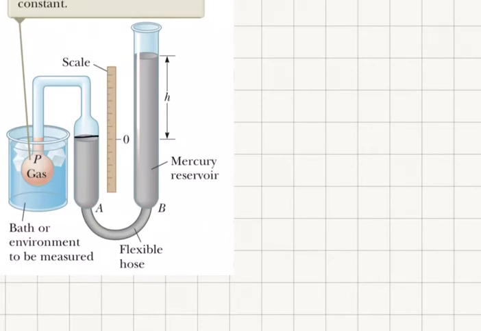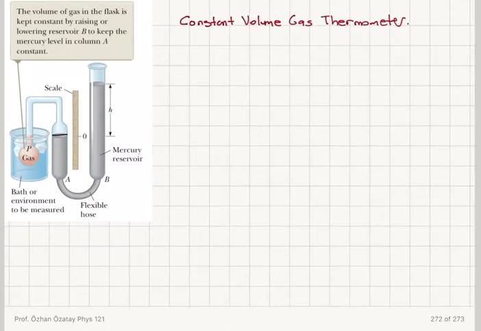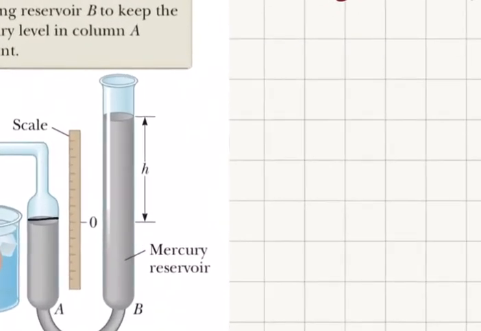So I have a constant volume gas, and when I put this gas inside a liquid bath or environment to be measured, I see that the mercury in the column will change its height depending on the temperature of this gas. And how does this work?